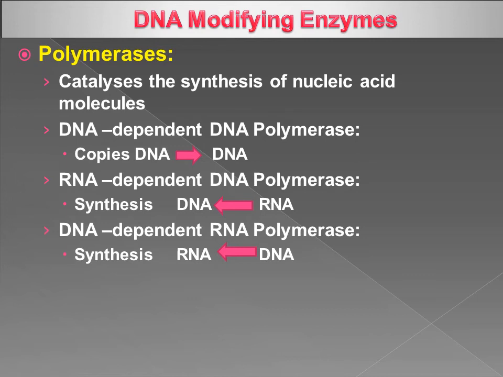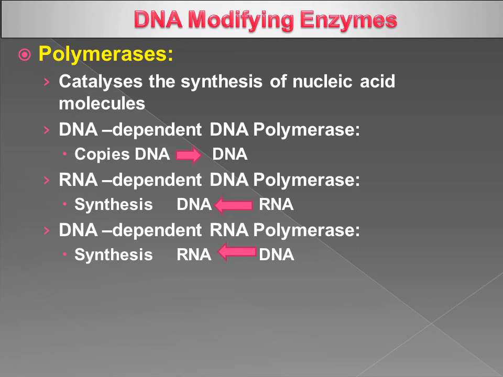The next DNA modifying enzyme is polymerase. Now what is the role of polymerase? The group of enzymes that catalyze the synthesis of nucleic acid molecules are collectively referred to as polymerases. There are majorly three important types of polymerases. The one is DNA dependent DNA polymerase that copies DNA from DNA.